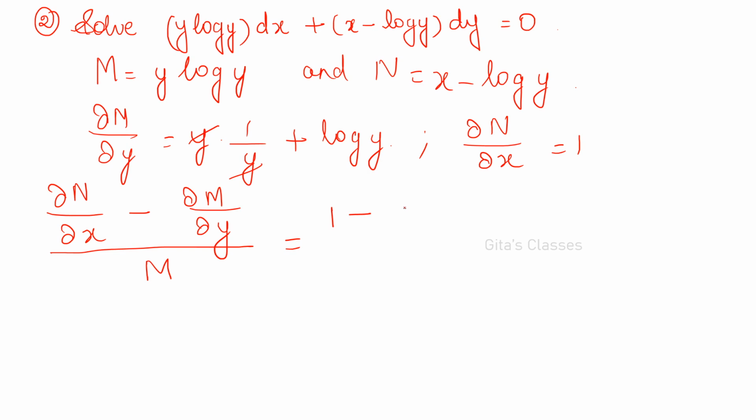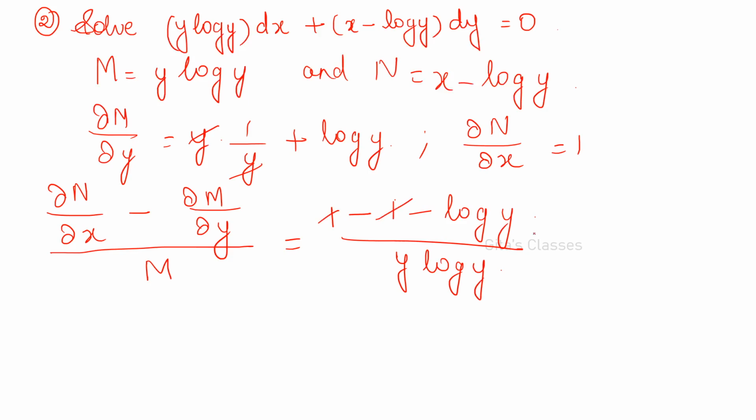So dou n by dou x is 1 and minus of 1. So minus 1 plus minus log y, right? Minus log y. Dou m, minus of minus, it will be plus. Divided by m, which is y log y.